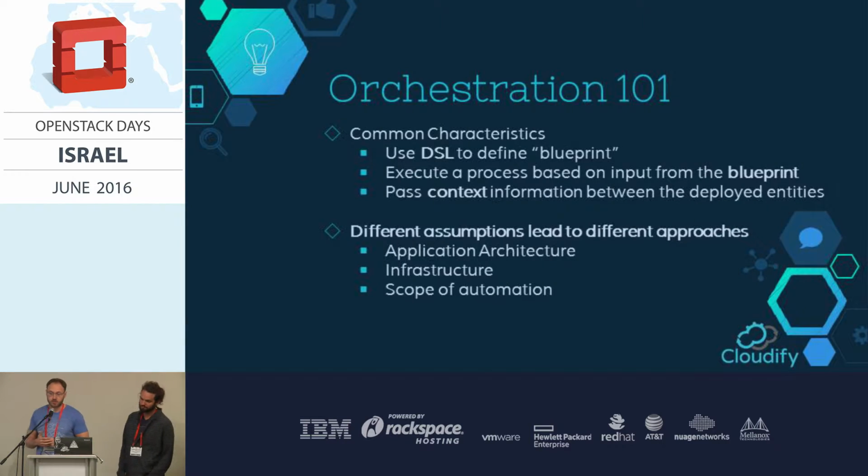So usually, the common characteristic of an orchestration platform is that you would have some sort of a descriptive language that would describe the resources that you manage as part of the orchestration, as part of the application that you're trying to bring up. You would have that as part of a blueprint or a template or a script or a configuration file that would join several types together and basically describe the scenario you're trying to bring up.